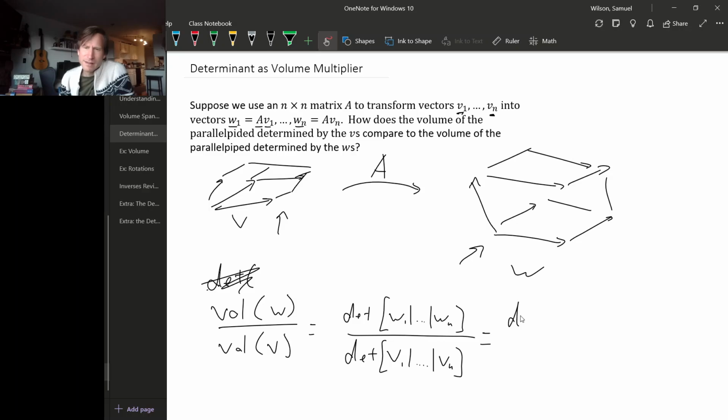But the W's, how did we find the W's? The W's are just A times V1. So this determinant upstairs, we have A times V1 for the first column down to A times Vn for the last column. And then in the denominator, it's just the determinant of this matrix made out of the V's, like this.